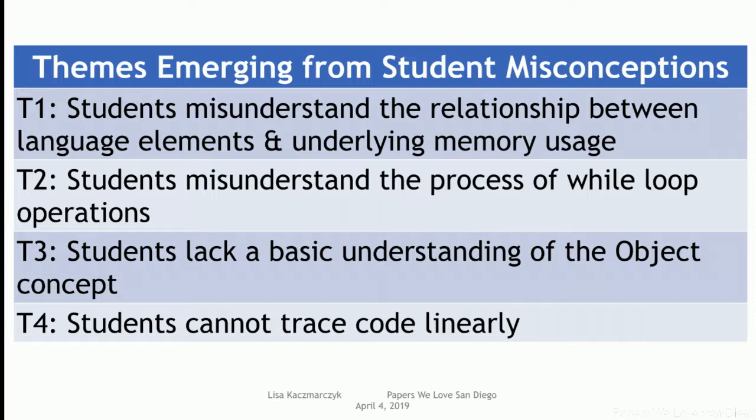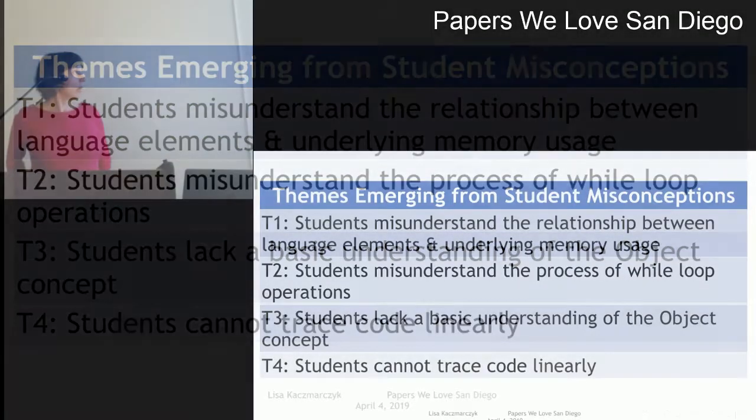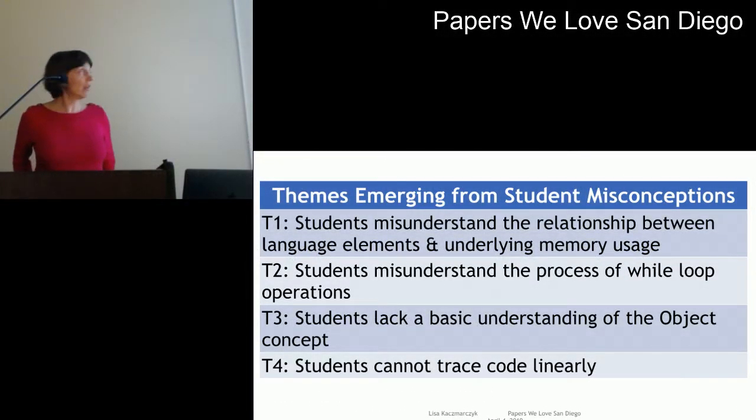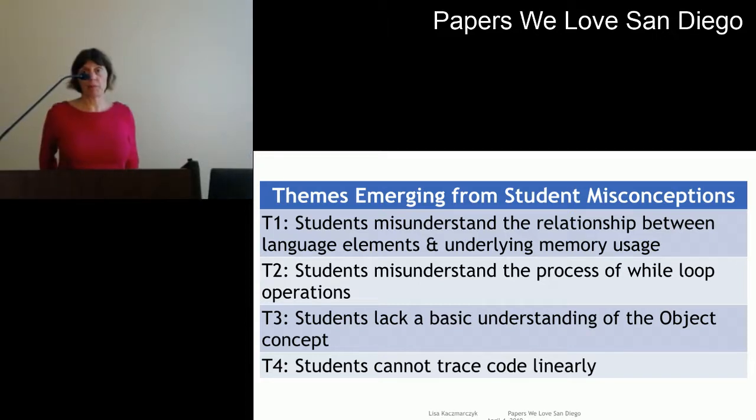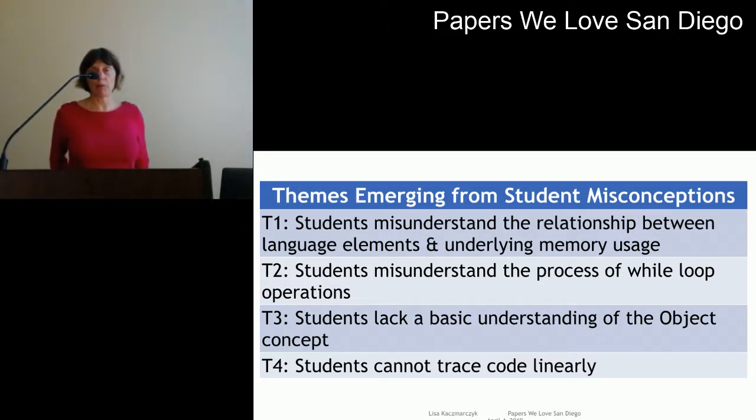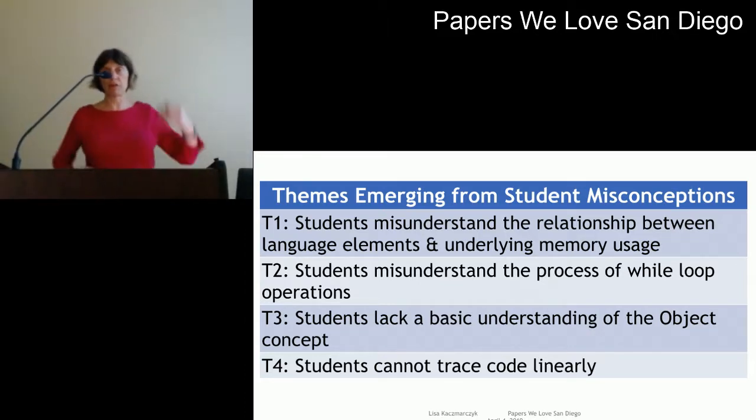A whole bunch of misconceptions under that, a whole bunch of misconceptions about how while loops work, understanding of what an object is, and the fact that many students cannot trace code linearly. And that's a pretty fundamental problem there, but there's all sorts of misconceptions that lead to that happening.